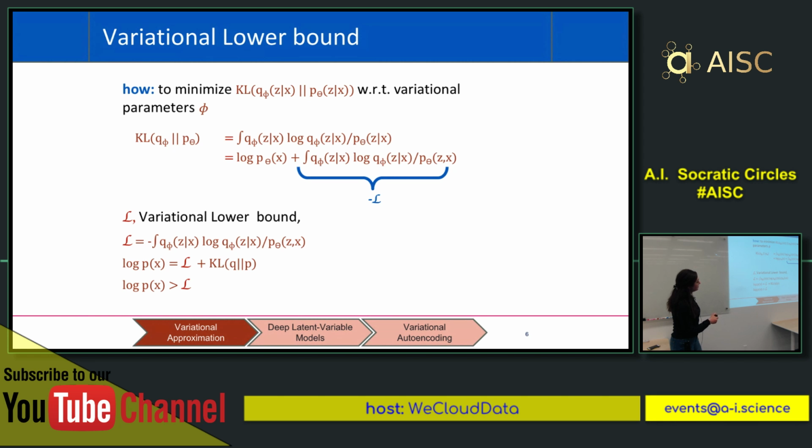Remember, this is the marginal likelihood, and this KL divergence is always positive. So the marginal likelihood is always greater than L, the lower bound. That's why it's called lower bound: if I find L, I have a lower bound of the marginal likelihood. Clear? Okay.